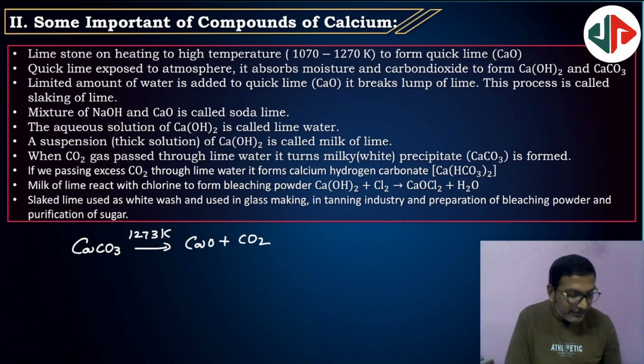This is quicklime, CaO. Next, when quicklime is exposed to atmosphere, it absorbs moisture to form Ca(OH)2. That means it reacts with water to form Ca(OH)2, which is slaked lime.